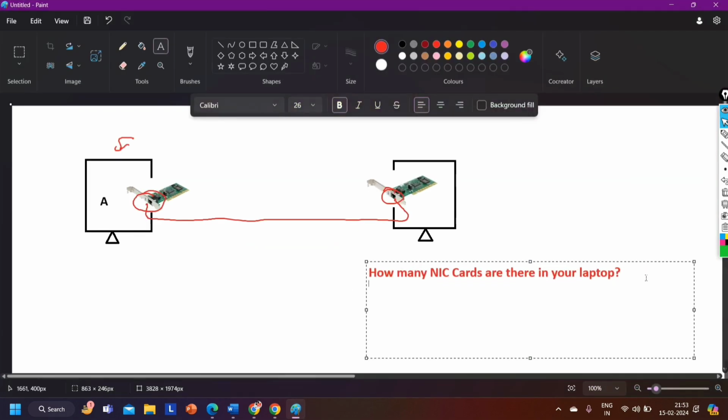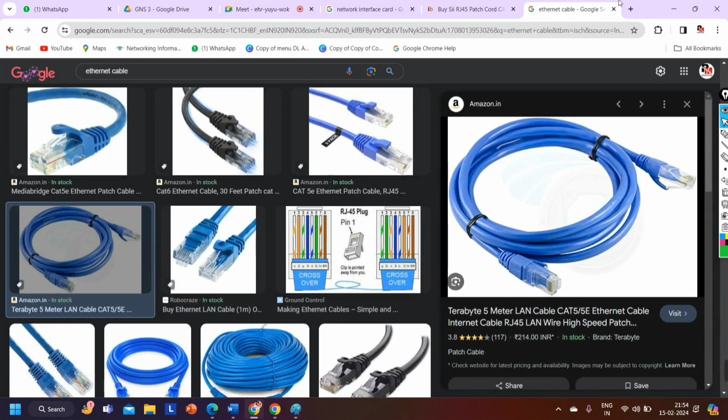Okay. So the answer to this question depends on how many ways we have to connect the devices to the network, and we can add a NIC card also. Like if you have an old CPU, it does not have a Wi-Fi NIC card, but if you want to connect your old CPU to your access point, your home router, wirelessly, you just need to purchase a small device from the market for 100 or 150 rupees.